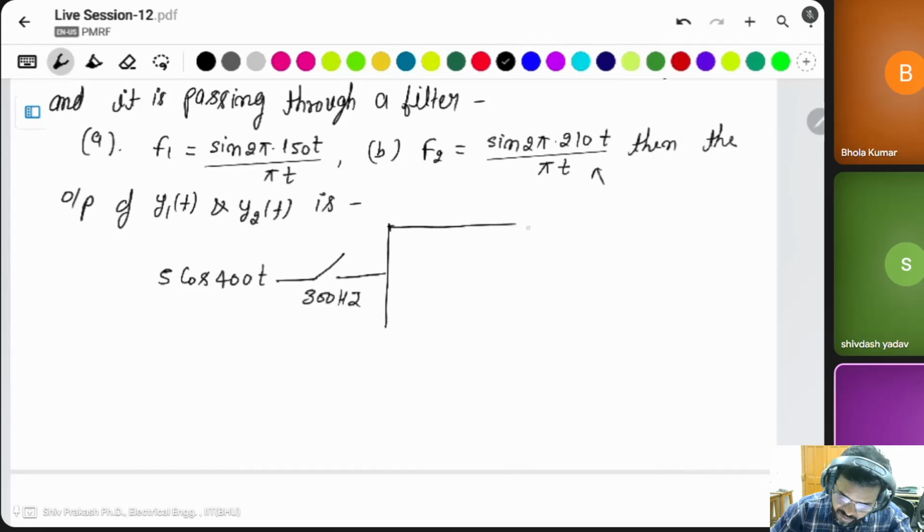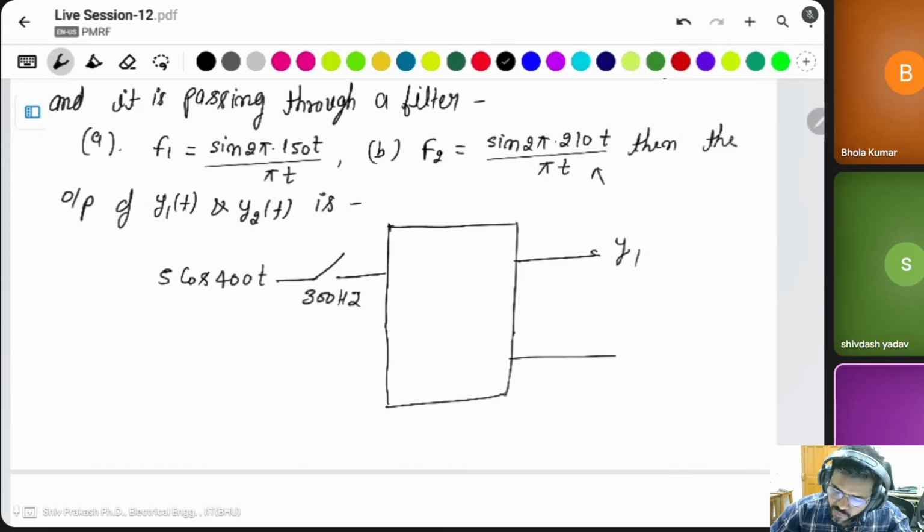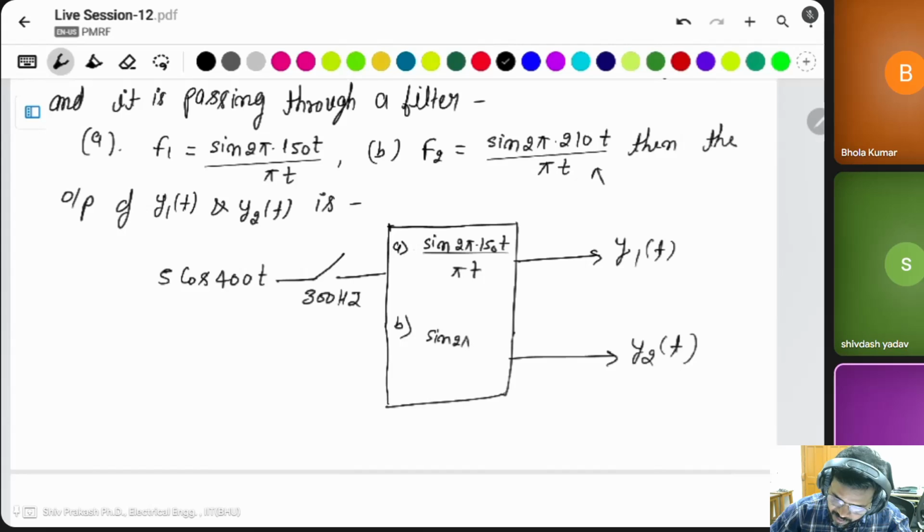Then it will pass through two filters and have two outputs, y1(t) and y2(t). Filter A is sine 2 pi into 150t divided by pi t. B, second, is sine of 2 pi into 210t divided by pi t. You have to find the output of this function.